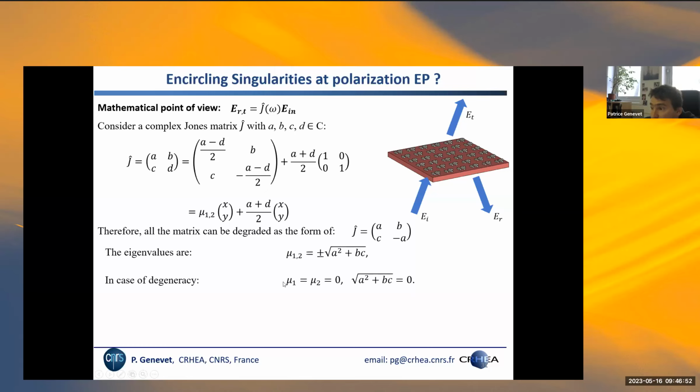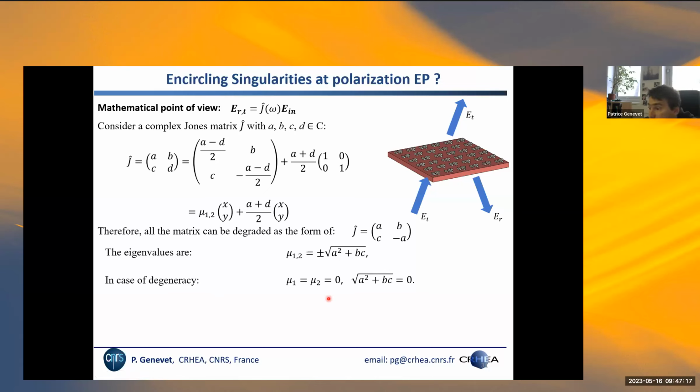These are complex quantities, and we can immediately calculate the eigenvalues of this matrix. We calculate the determinant of a 2 by 2 matrix, A minus mu, B, C, minus A minus mu, and you end up with the eigenvalues written as plus or minus the square root of A squared plus BC. So you see that when what is inside the square root is equal to zero, you have degeneracy.